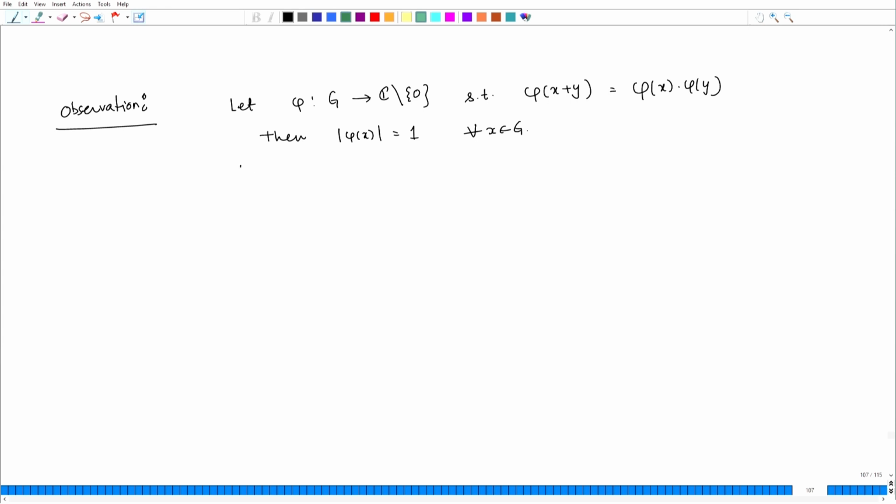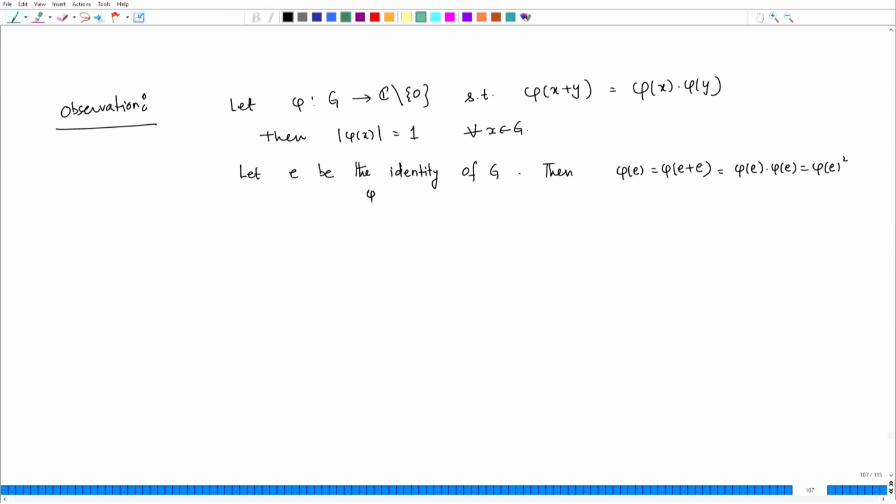Why is it so? Let E be the identity. Then phi of E equals phi of E plus E, because E is the identity with the group operation. This equals phi E into phi E, which is phi E square, and phi E is a complex number.